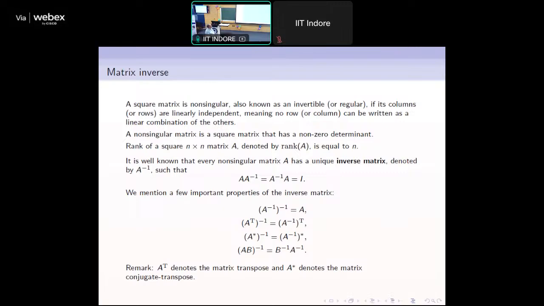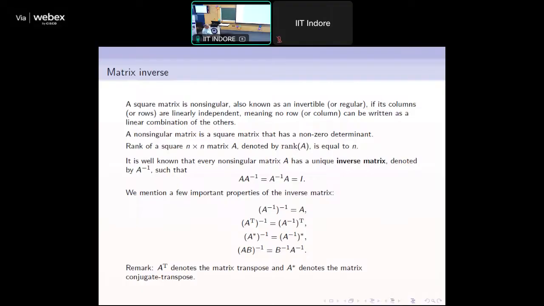If a matrix is non-singular, then such a matrix has a unique inverse matrix, denoted in the standard way A to the power -1, and satisfying two classical famous matrix equations. Also, we know that such a matrix inverse satisfies many properties.